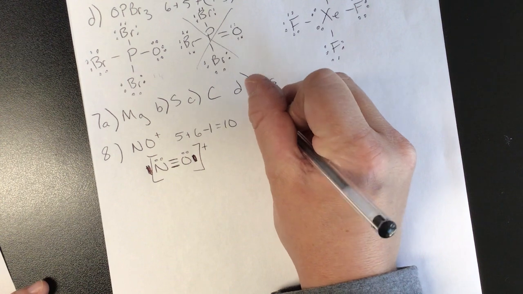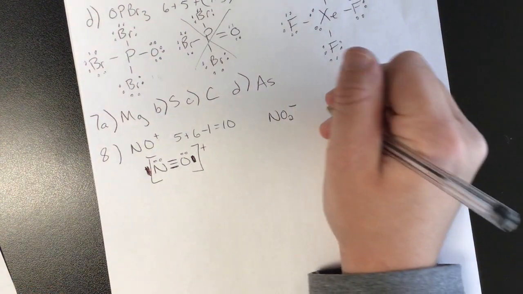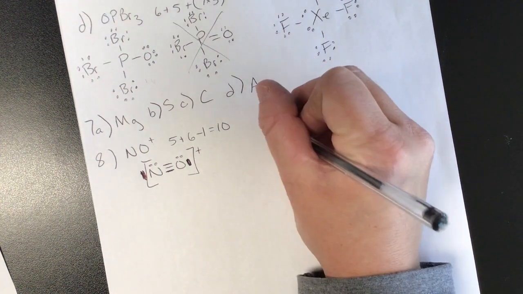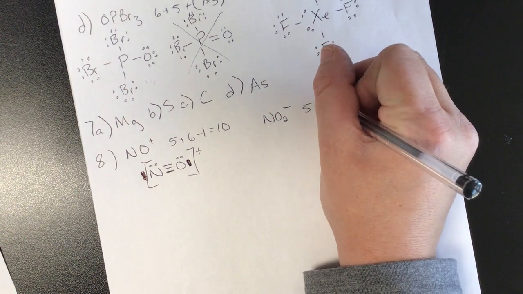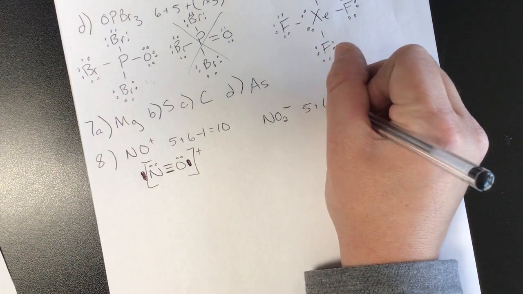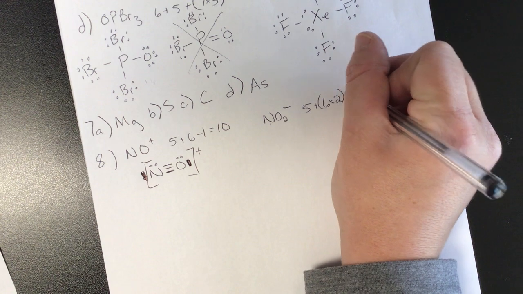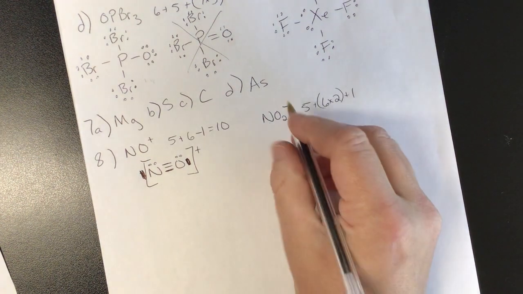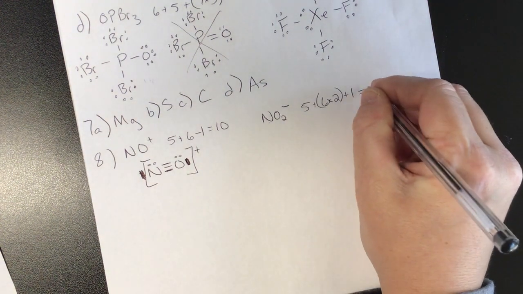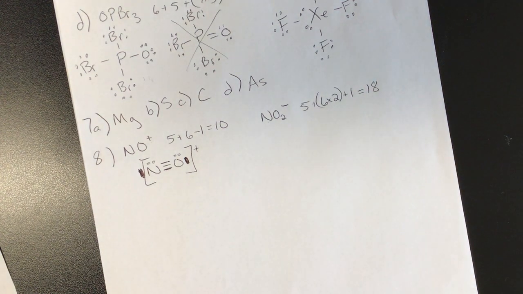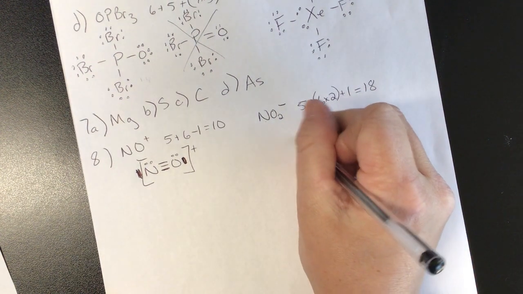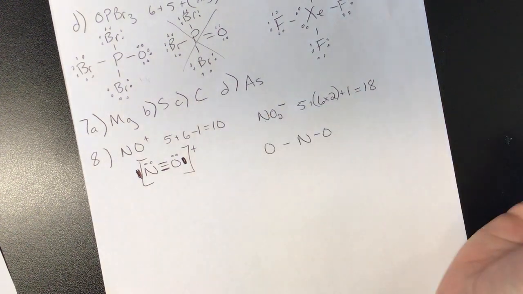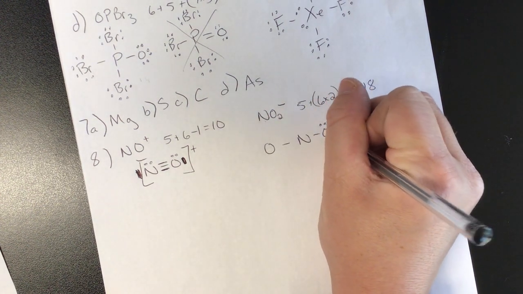Okay, then we have NO2 negative. So this one we would have 5 for nitrogen. Oxygen has 6, and there's 2 of them. And then we have a negative, so we're going to add 1, so we get 18. Okay, so we have nitrogen in the middle, oxygens. We can start by putting our lone pairs.